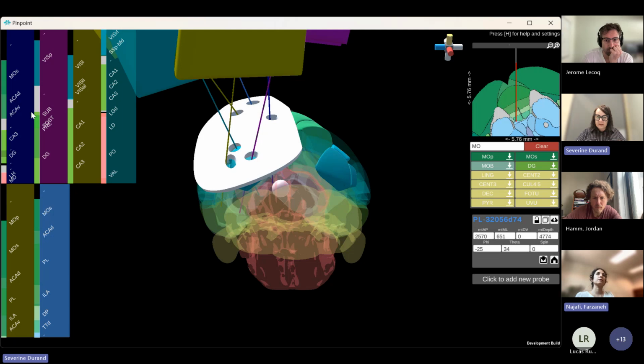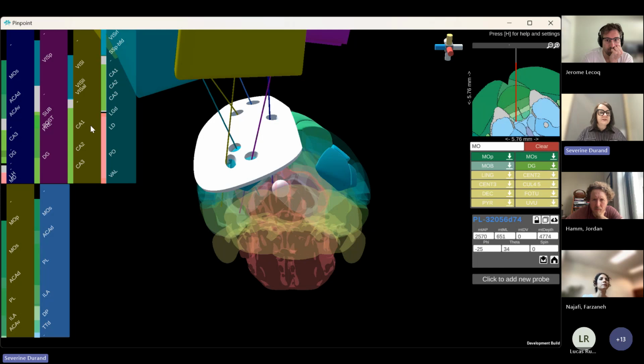So the holes are in the implant, not in the skull. And what is this shield made of? Some type of resin that you use for 3D printing. I don't know exactly the name, but if you want the name, I can figure it out. Don't worry, thanks.